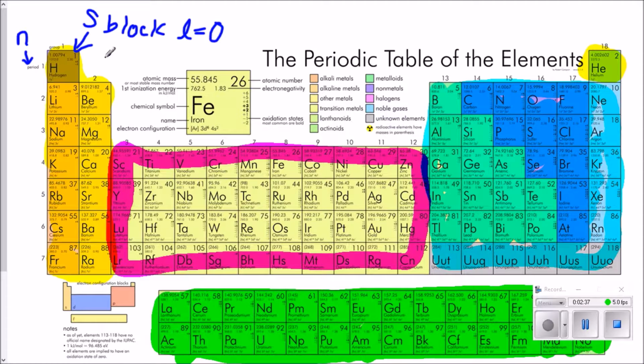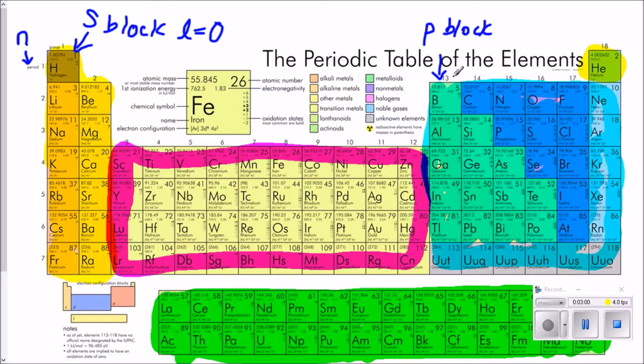After we fill the first shell, we have a second energy level, second shell, which is also in the s block, which is also a sphere. Once we fill the second energy level s orbital, we start hitting boron here and going across the periodic table like this. This is what we call the p block.